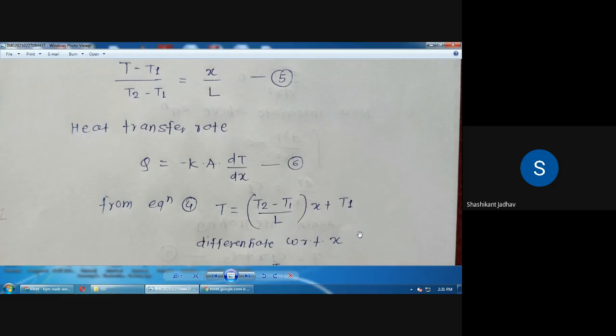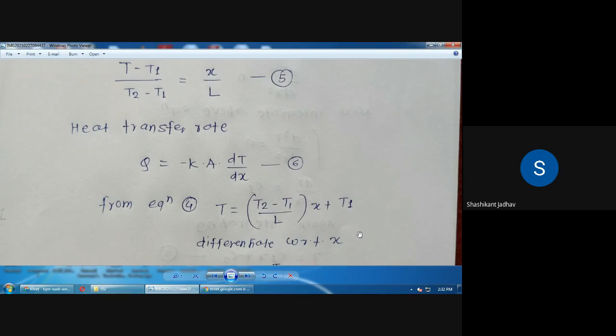Unmute yourself. Anyone? कोण सांगतंय? समृद्धी सांगा.